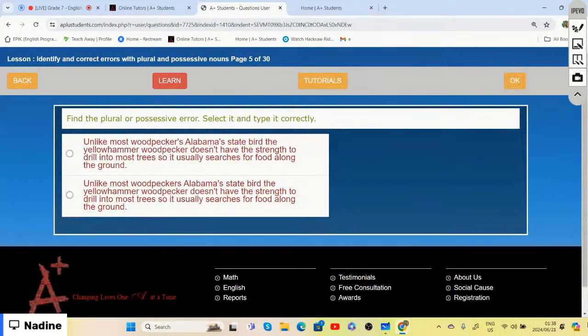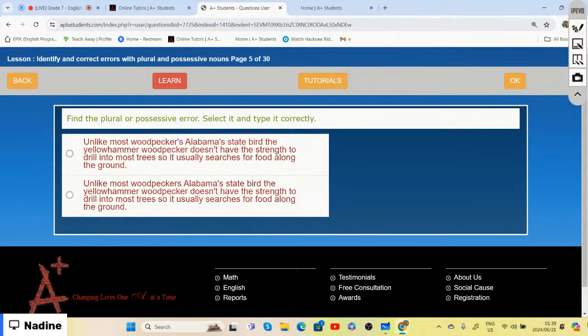All right. And then we need to find the plural or possessive error within the sentence. It says, unlike most woodpeckers, Alabama's state bird, the yellow hammer woodpecker doesn't have the strength to drill into most trees, so it usually searches for food along the ground.